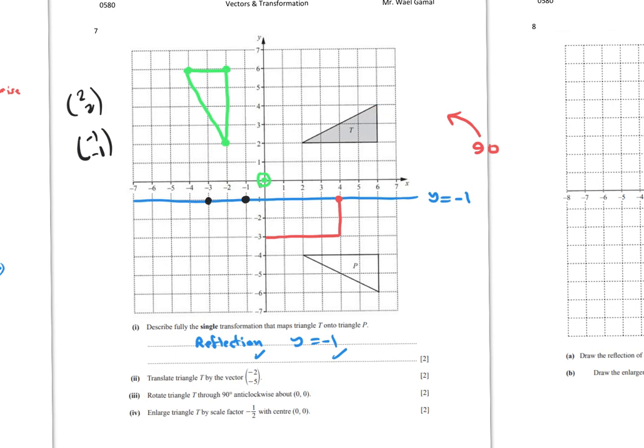The last point, 6 and 4. So multiply by -1/2. So you have -3 and -2. So 3 to the left and 2 down. So this is the image by enlargement scale factor -1/2.